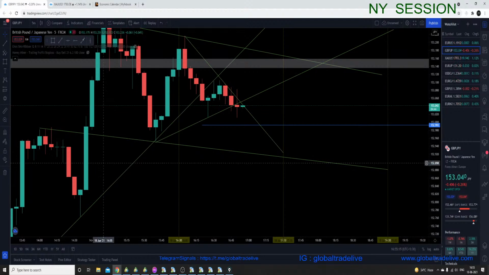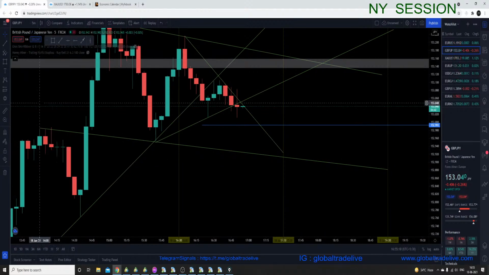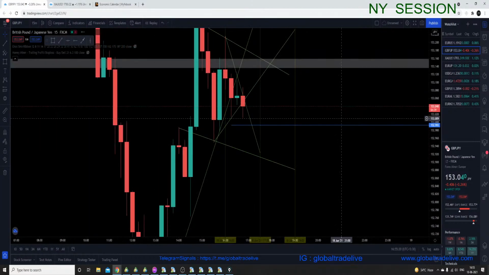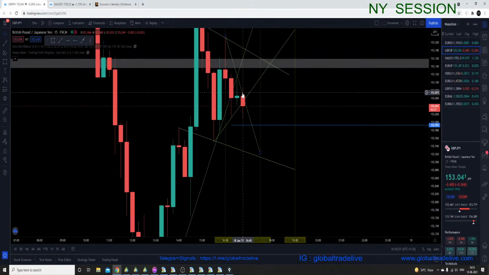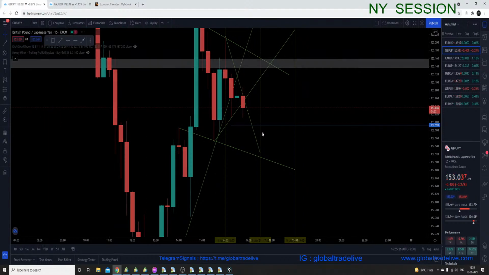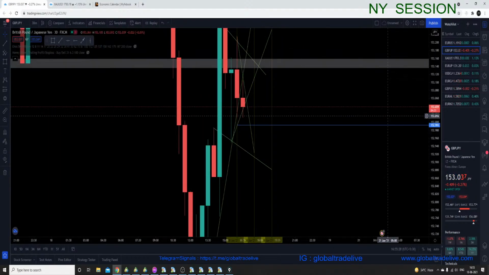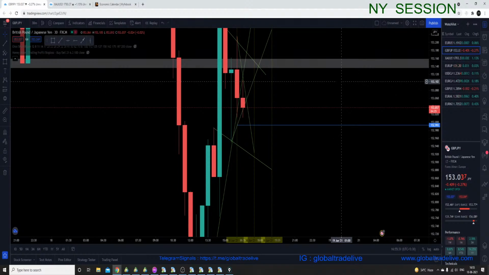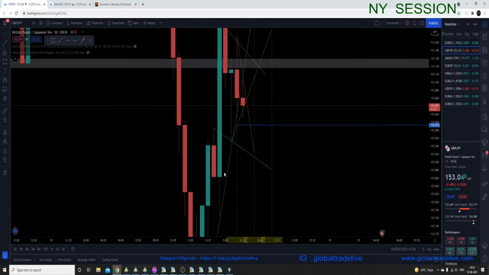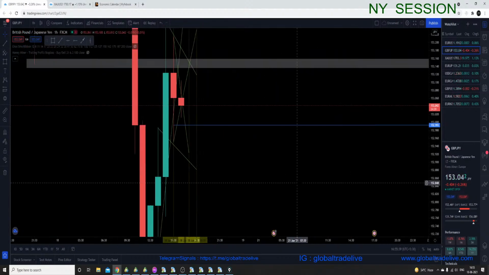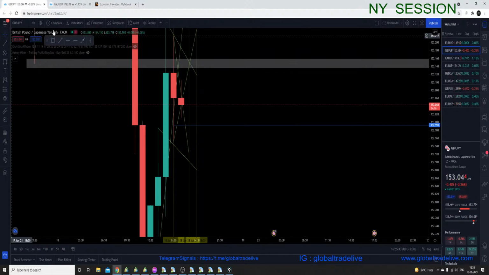5 minutes left here for the 30-minute candle to close, and let's see what can happen in those 5 minutes. This candle can go down. One hour is just stuck here, so maybe the next 30-minute candle will be pushing the price down.